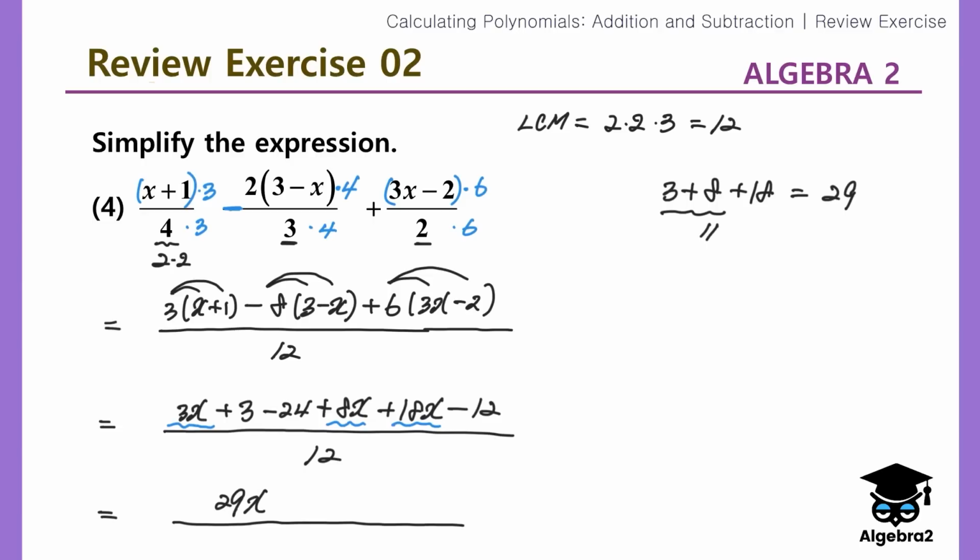And constant, we have 3 minus 24 minus 12. So 3 minus 24 is negative 21. And negative 21 minus 12, that's negative 33. Right? So minus 33 over 12.